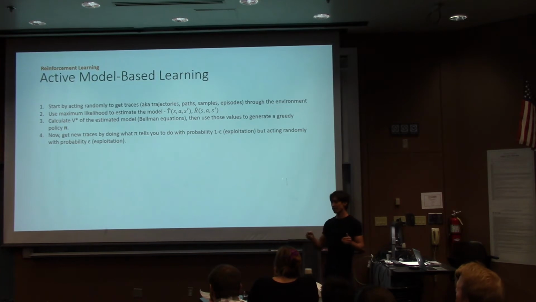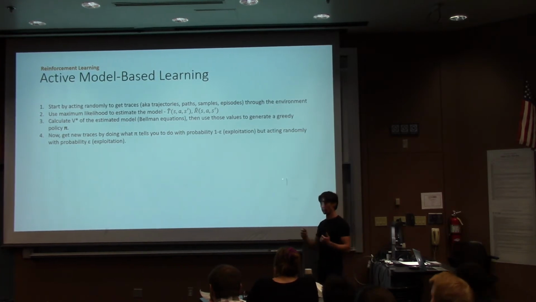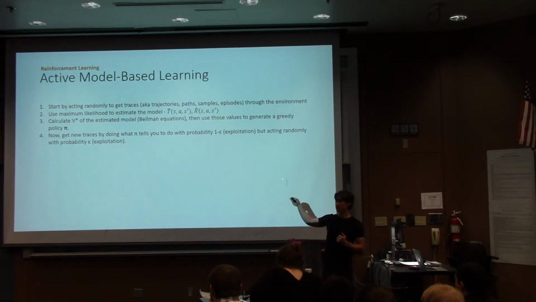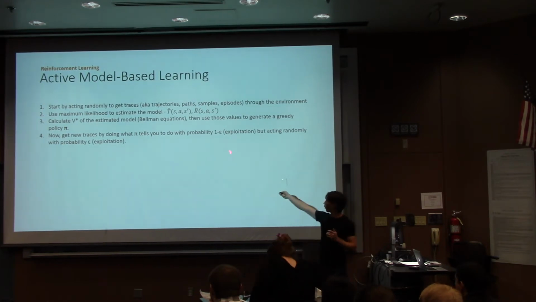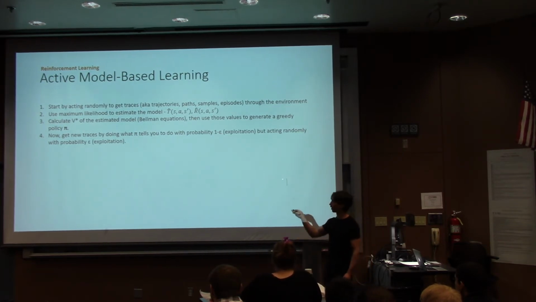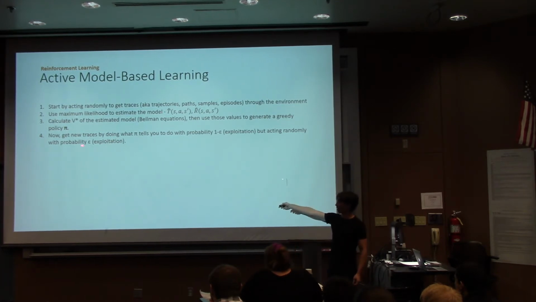Now, we're going to get new traces. We're going to start using our new policy in this world, except we're going to act on it epsilon greedily, which means that 1 minus epsilon percent of the time, we're going to exploit what we already know by using what our policy pi tells us. But for an epsilon amount of time, we're going to again just act randomly.